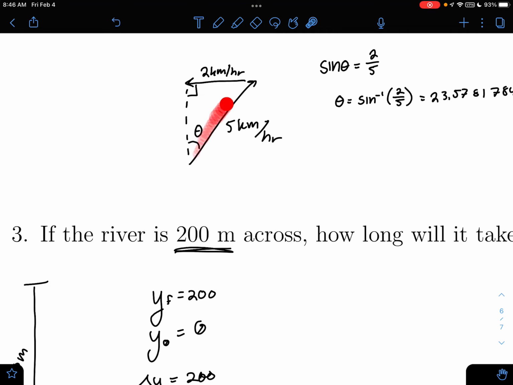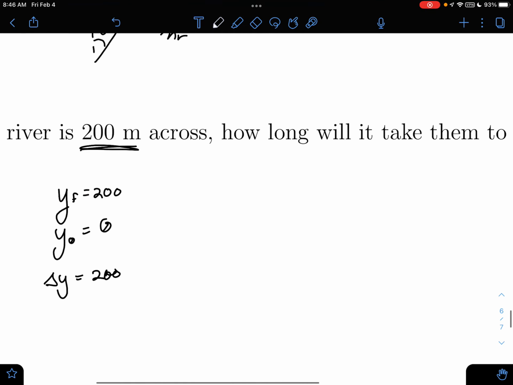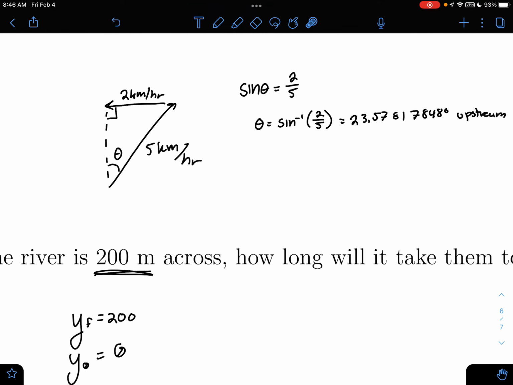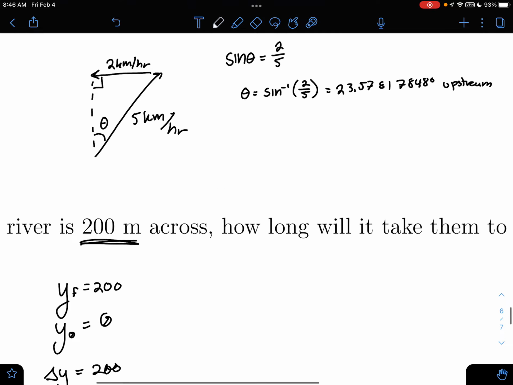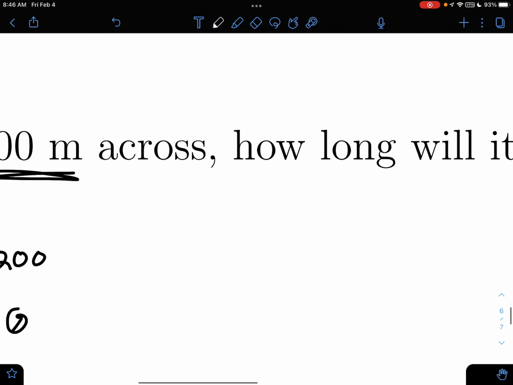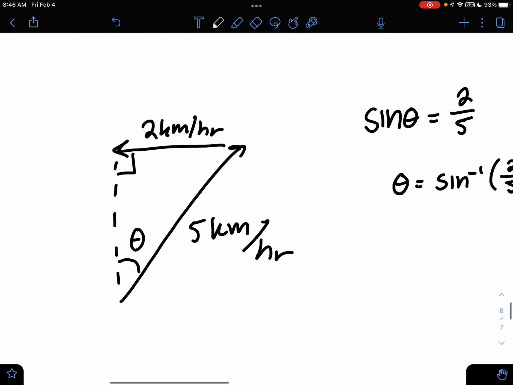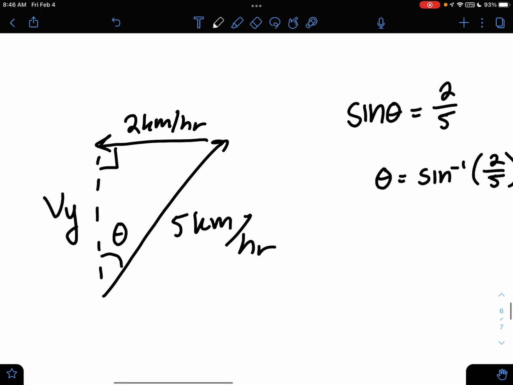We're traveling 5 kilometers per hour this direction, so we're actually going to be going this way, just a component of that. So if we have a leg and a hypotenuse of a triangle, you can say that, I'm just going to call this Vy, our y velocity.